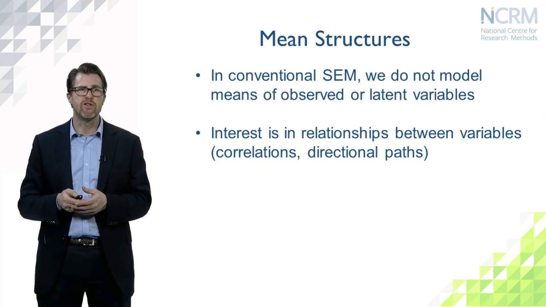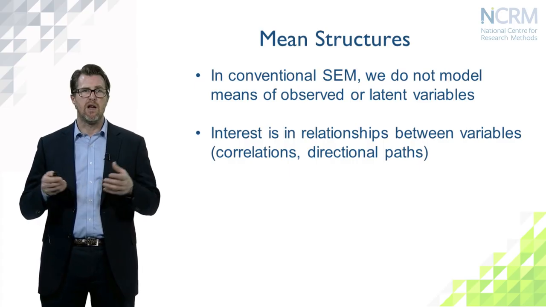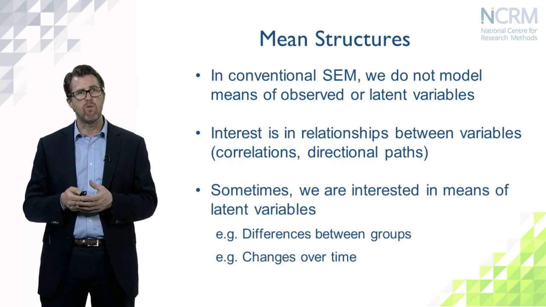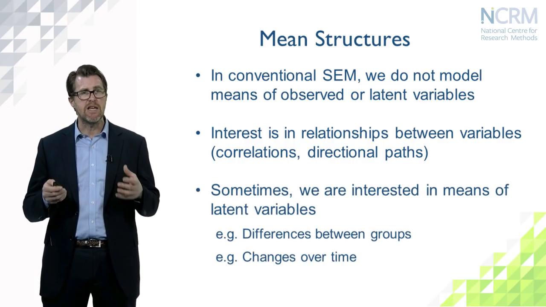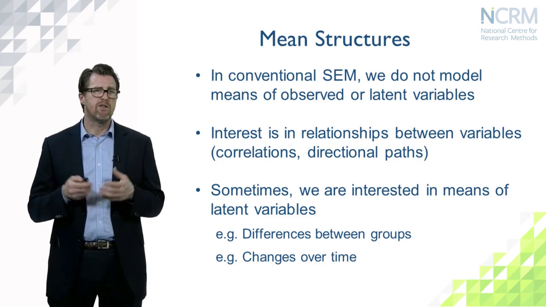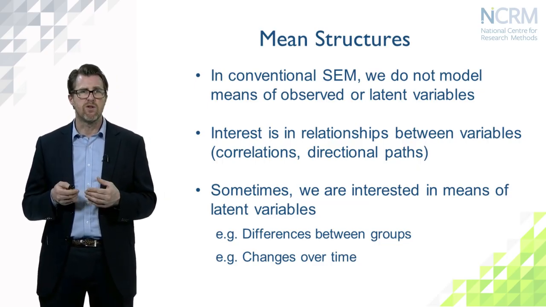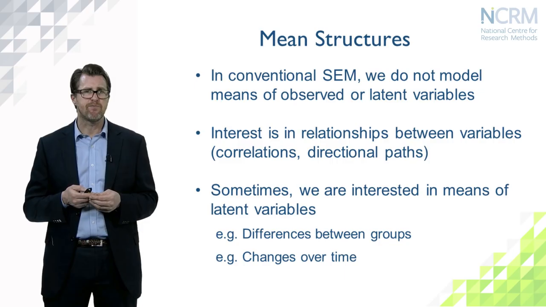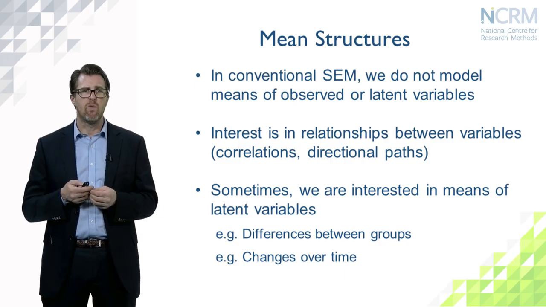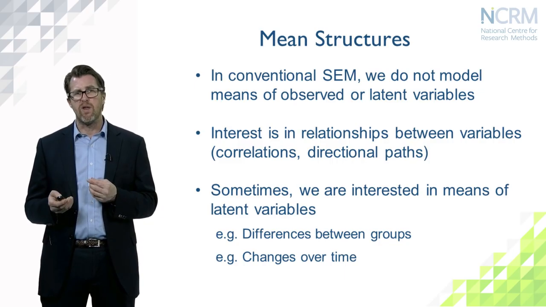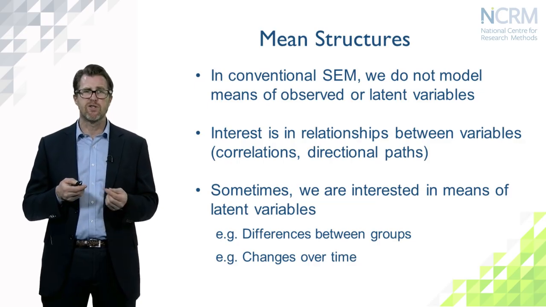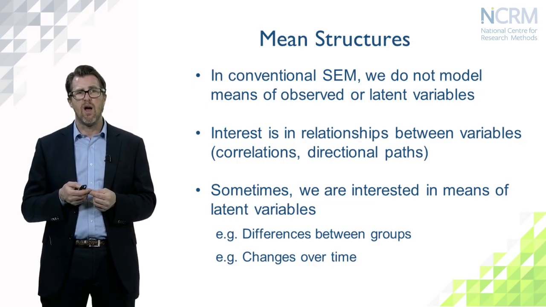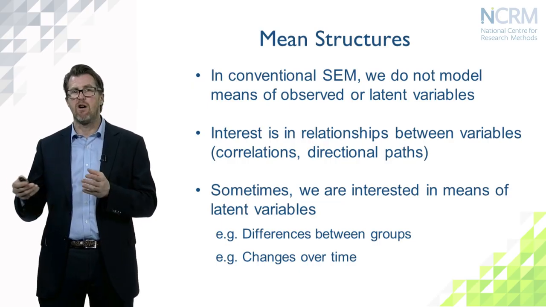But there are occasions within a SEM context where we would be interested in the means of latent variables. There are two main areas where we would want to estimate latent means. The first is where we want to see whether there are differences between groups on a latent variable, and secondly, if we're interested in change over time.